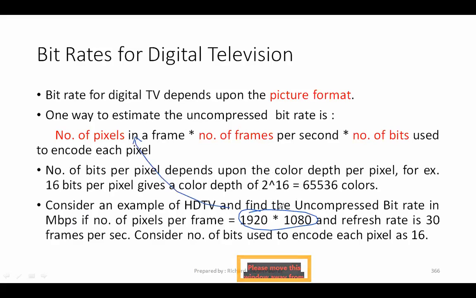We know that we are using about 30, so 30 gets multiplied here, and we are using 16, so 16 also gets multiplied here. So ultimately I will be able to know my total bit rate for my digital television. So this formula is important. You will have to know this formula.